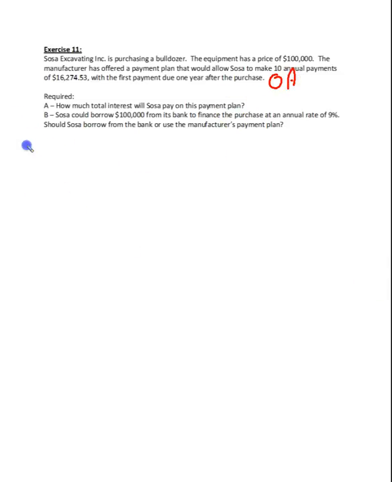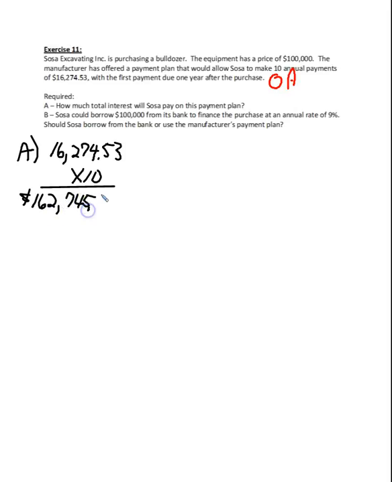So on A, this is just checking to see, do you know the difference between payments in the future and values today? So SOSA would pay this each year for 10 years. So the total payments in the future are going to be $162,745.30.